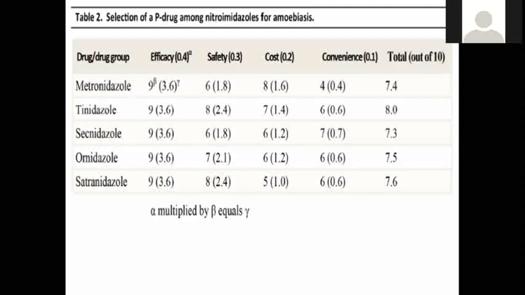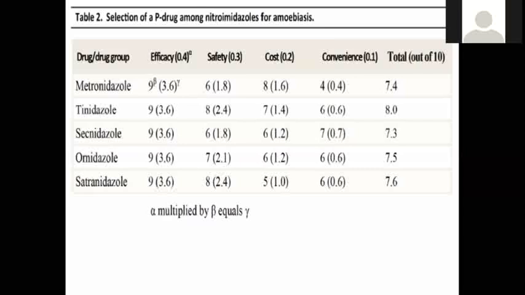Like that we give the points out of 10, with the same weights: efficacy 0.4, safety 0.3, cost 0.2, convenience 0.1. Again we multiply alpha and beta, and then calculate the total horizontally. The highest is for tinidazole, at 8 points. So the personal drug for amoebiasis is tinidazole, not metronidazole.